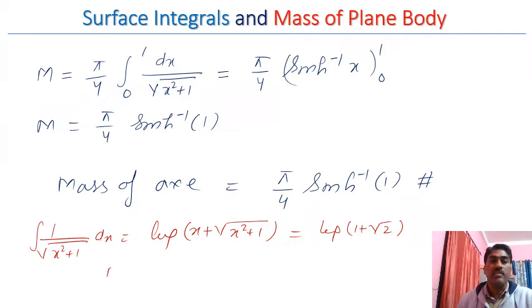So in that sense mass will become pi by 4 log of 1 plus root 2. This is how we find the mass of a plane lamina.